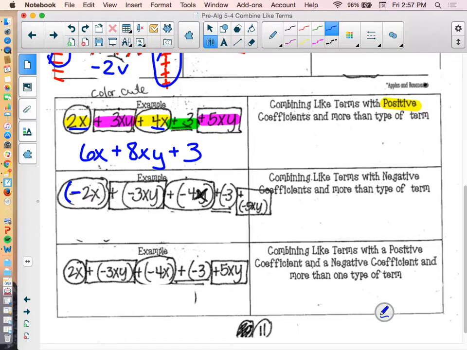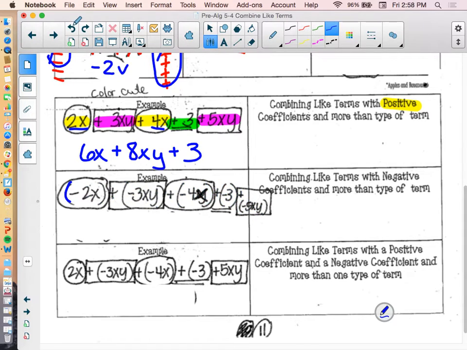I've got negative 2x plus a negative 3xy plus a negative 4x plus a negative 3 plus a negative 5xy. Okay, color code.